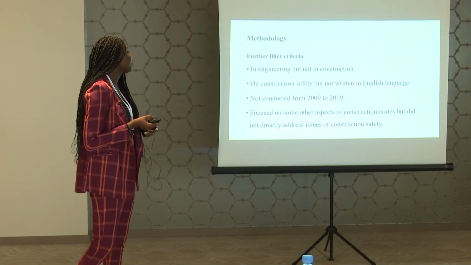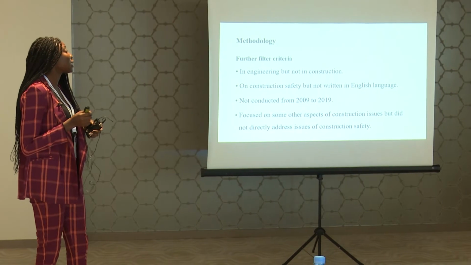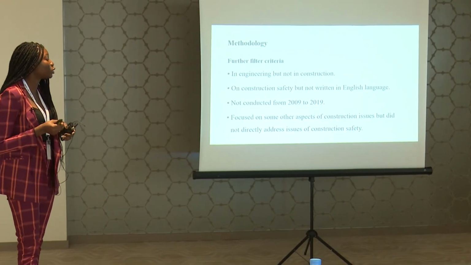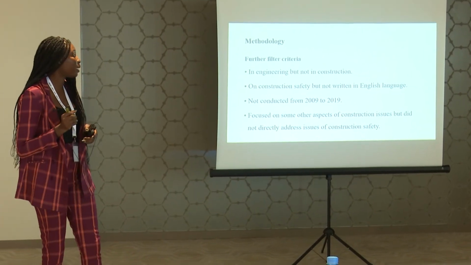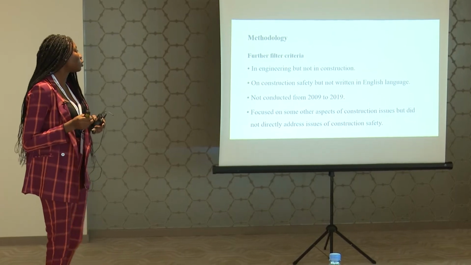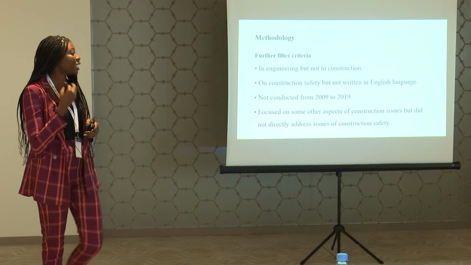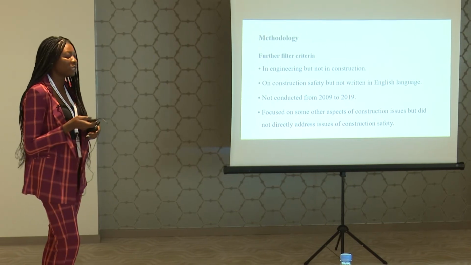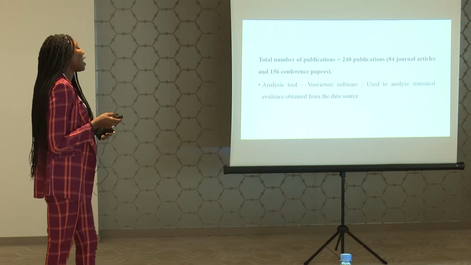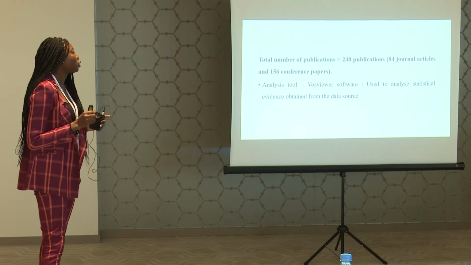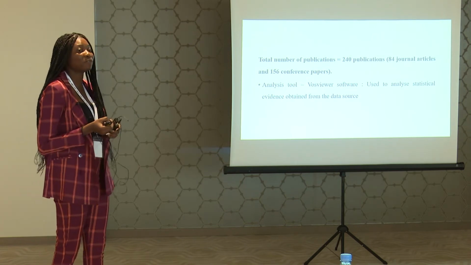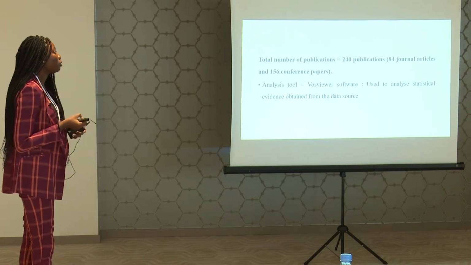Articles that were not conducted between 2009 and 2019 were eliminated. And articles that focused on other aspects of construction issues but did not directly address issues of construction safety were eliminated. After the entire filtration process, a total of 240 publications were retrieved.